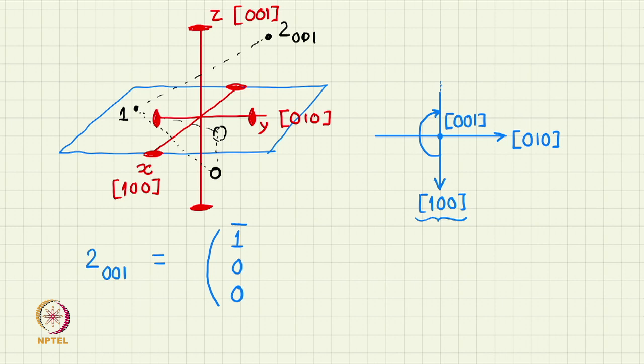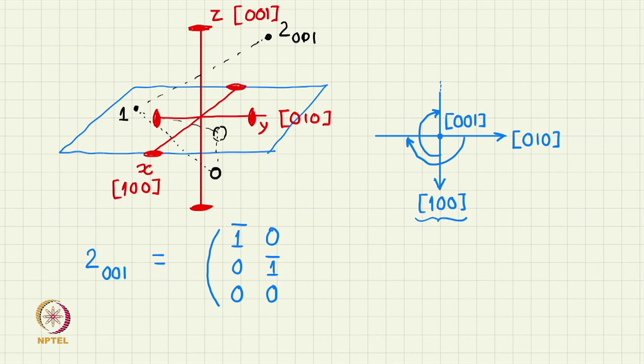Similarly, the second column of the matrix is where 0 1 0 is taken by 180 degree rotation, and you can see that 0 1 0 also will be taken to the opposite of the y axis direction, so the negative y axis direction. So, that becomes 0 bar 1 0.